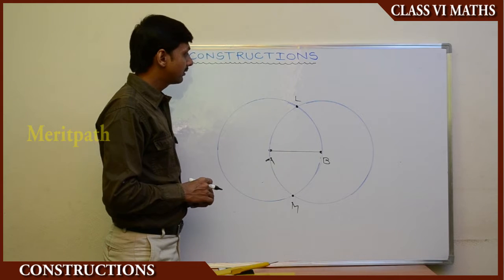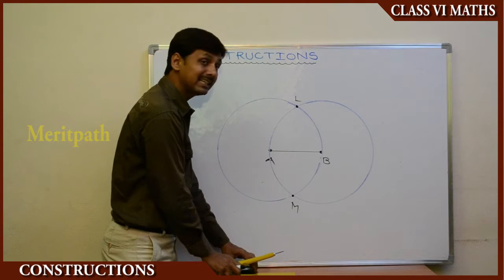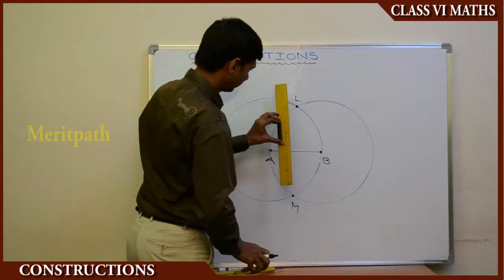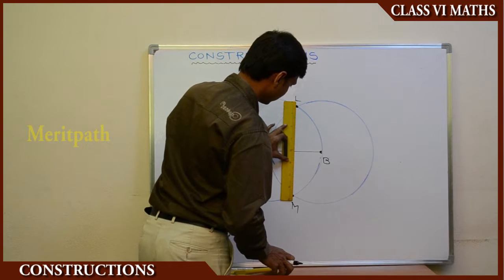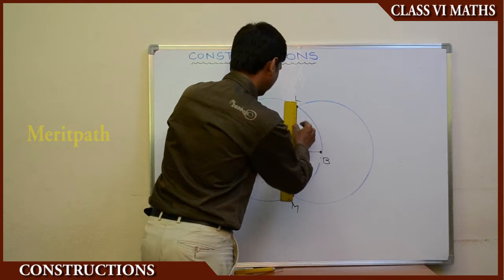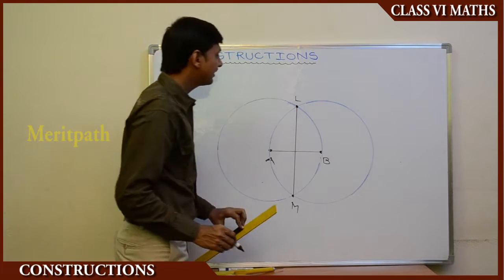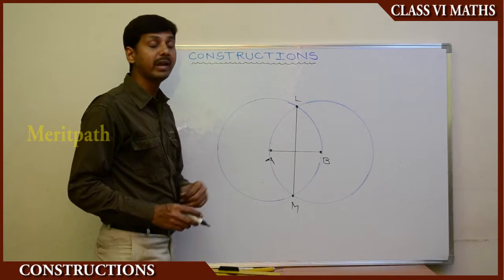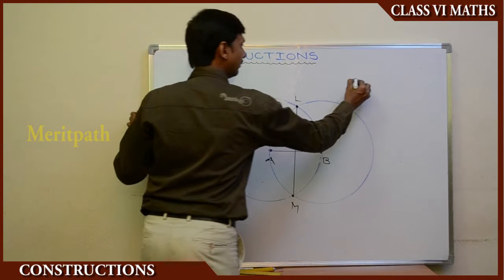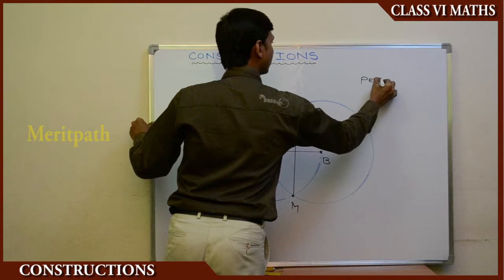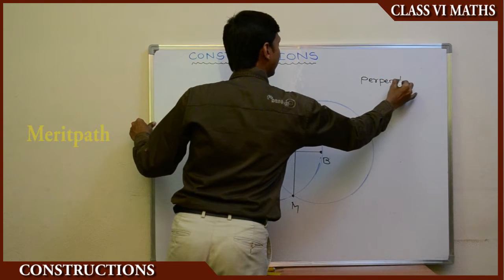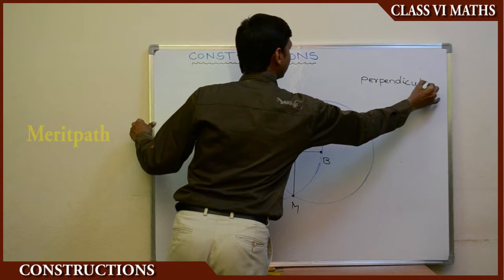So let's join these 2 points, L and M, with a ruler. Let's see whether LM is perpendicular to AB or not. Perpendicular means the line which makes 90 degrees with another.